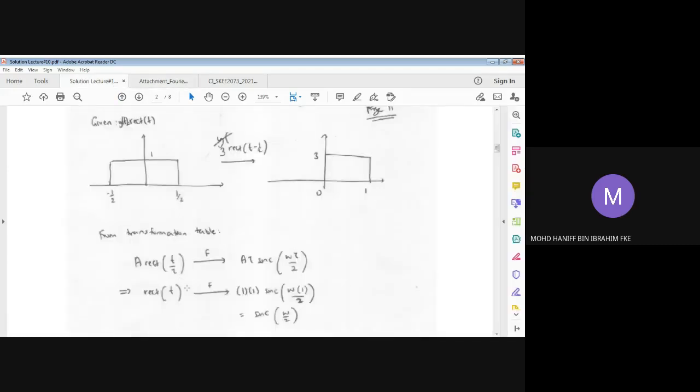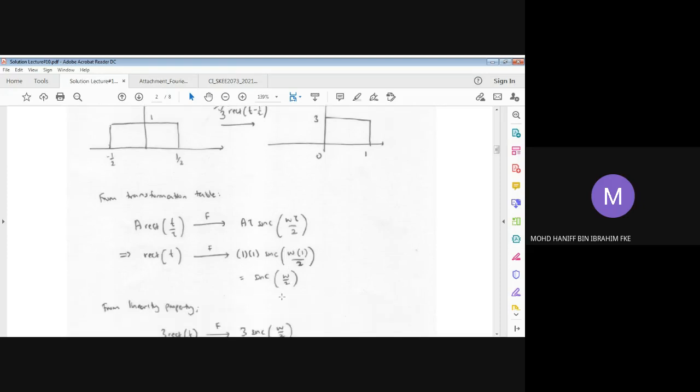So for that particular case, the Fourier transform of rectangular T will simply be sinc of omega divided by 2. So sinc omega divided by 2 is the Fourier transform for rectangular T.